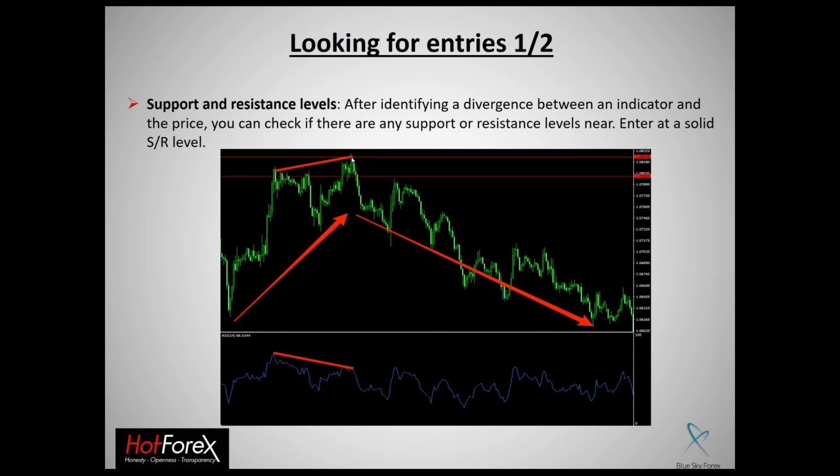The perfect entry obviously would be here at the top, at the peak here. Although, if you haven't identified this level, then this round number is also really close to the actual divergence, and you can start timing your entries here.